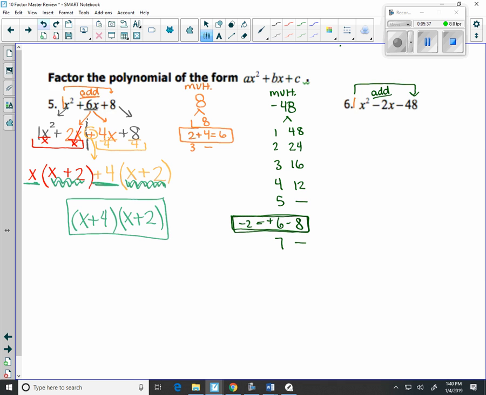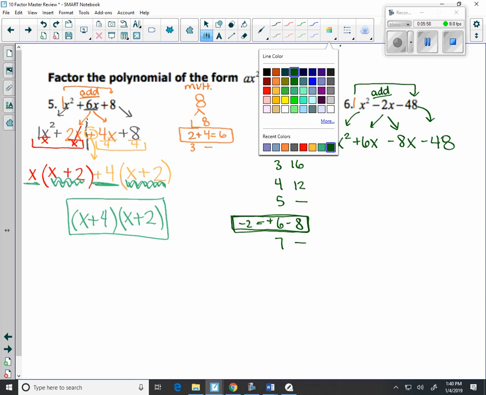So I'm going to change my negative 2x into positive 6x minus 8x. And I'm going to bring down my x squared and my negative 48. And now I split it in half.